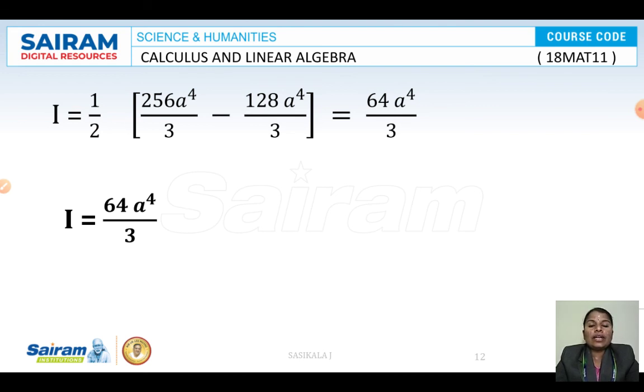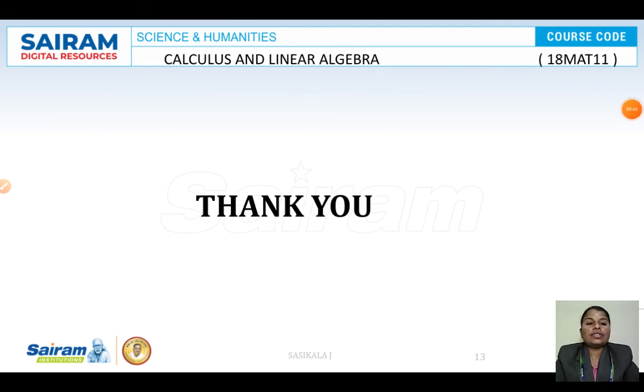You have to convert: x will be a variable limit, y will be a constant limit. According to the question, you are going to interchange by using the given curves as well as the region. From the limits, you can get your intersecting points. From there easily you can find your upper and lower limits for your inner limit. Okay, so that's all for changing the order of integration. Thank you.